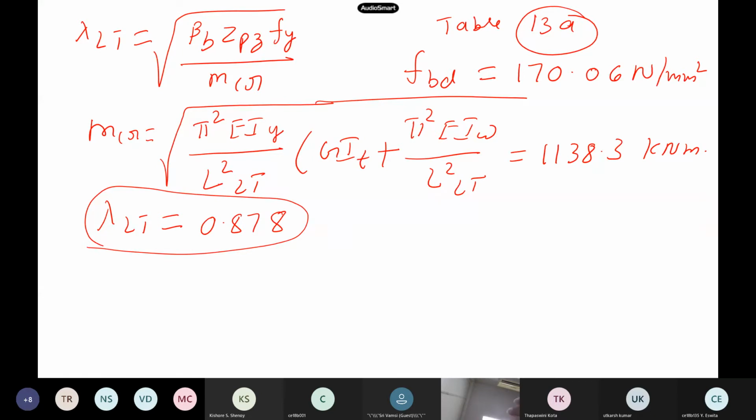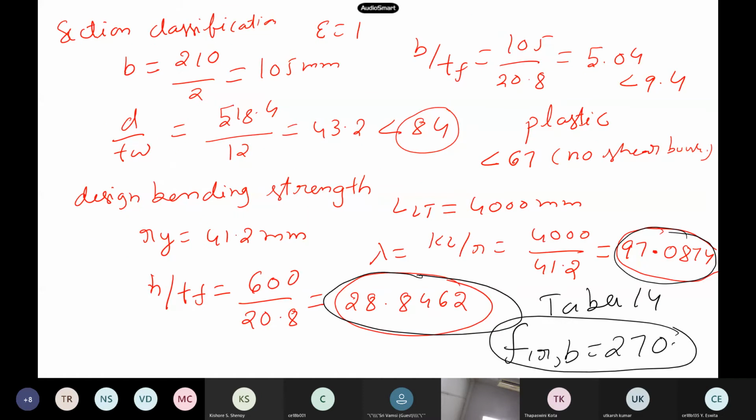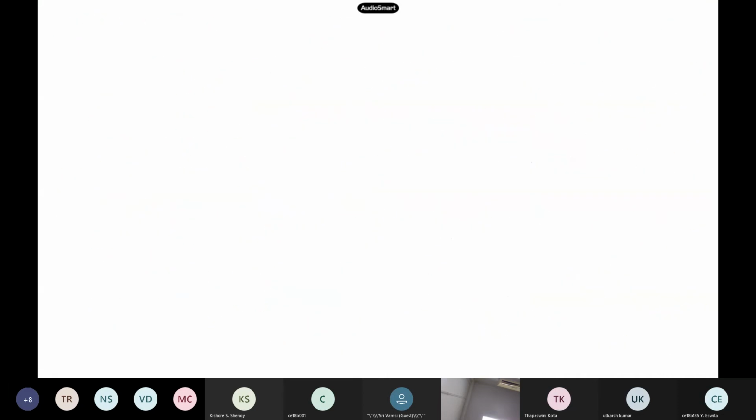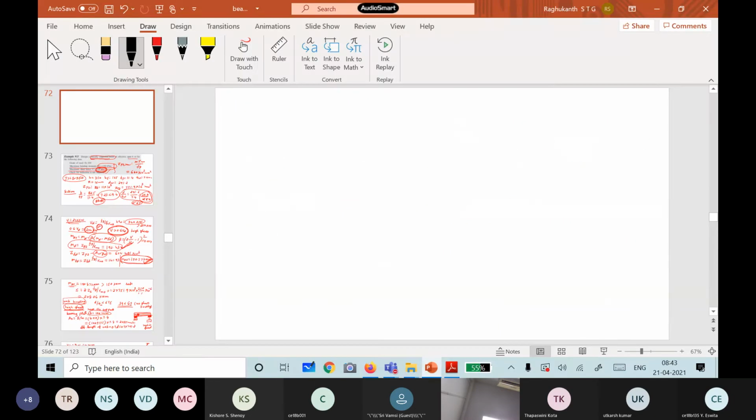I showed you those figures, right? When will it buckle in lateral torsional buckling? What is the minimum slenderness ratio? You remember that slide?